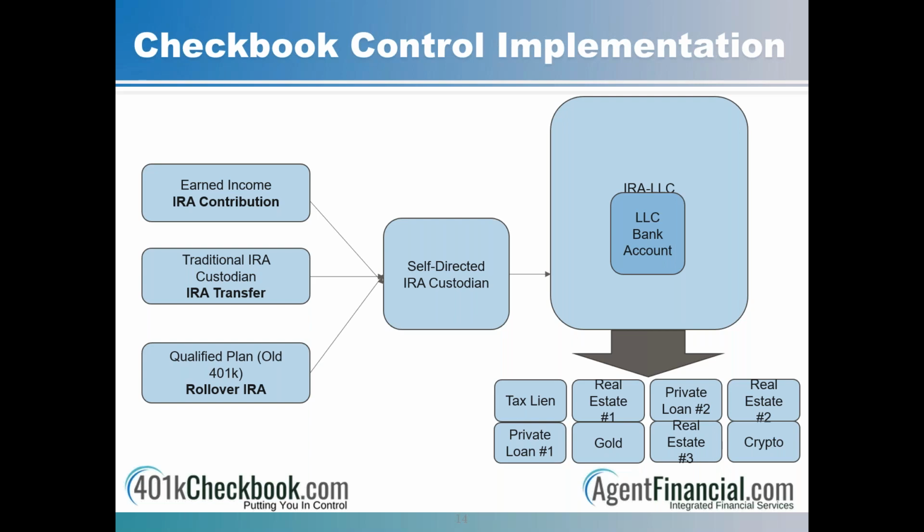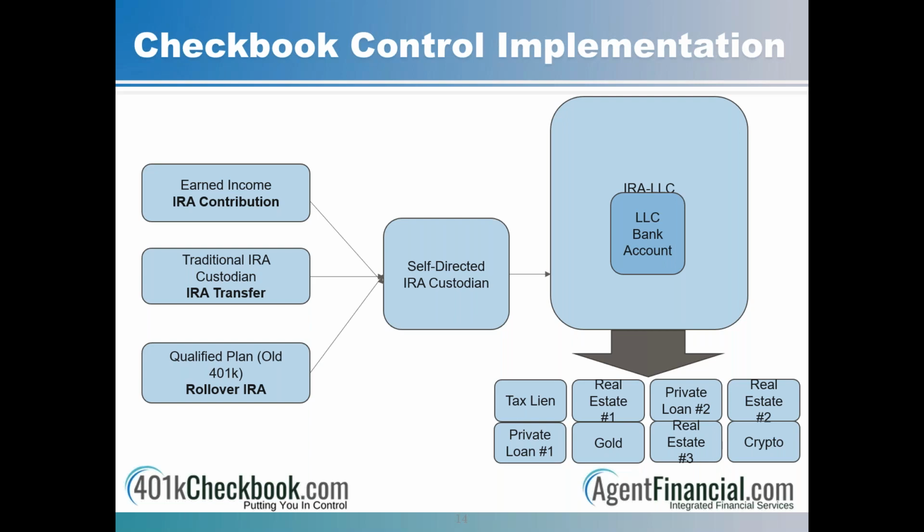and then we'll have to fund this IRA and then IRA LLC. And you can see the funding for this can come from multiple sources. So you can make annual contributions. You can roll over from your regular IRA, wherever that may be. Well, we call that actually an IRA transfer, or you can roll over from a qualified plan.